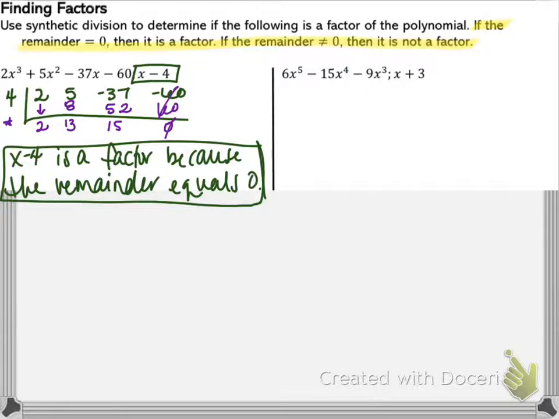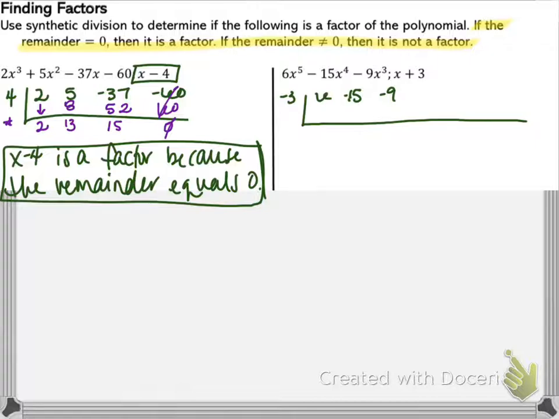But unfortunately, that's not always going to happen. In our next example, it's definitely not the case. We have x plus 3 at the end, so we need to switch that to get negative 3. I'm going to put my little line here. I'm going to carry down my coefficients, 6, negative 15, negative 9, and I need to ask myself, do we need any placeholders? 100% I need my placeholders. I have x to the 5th, x to the 4th, and x to the 3rd.